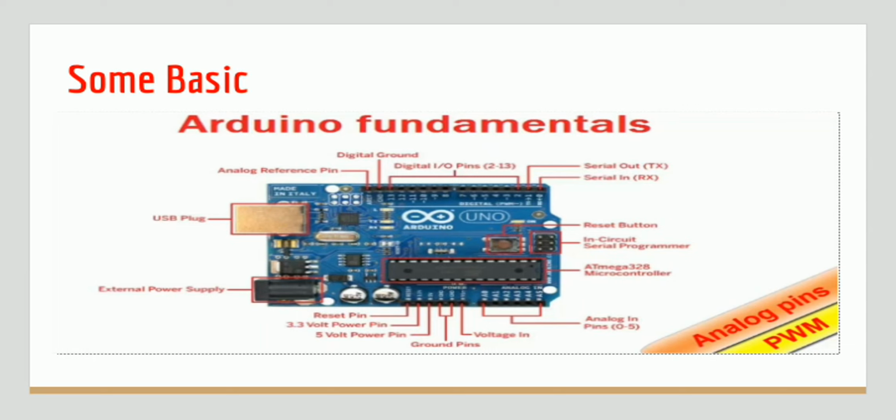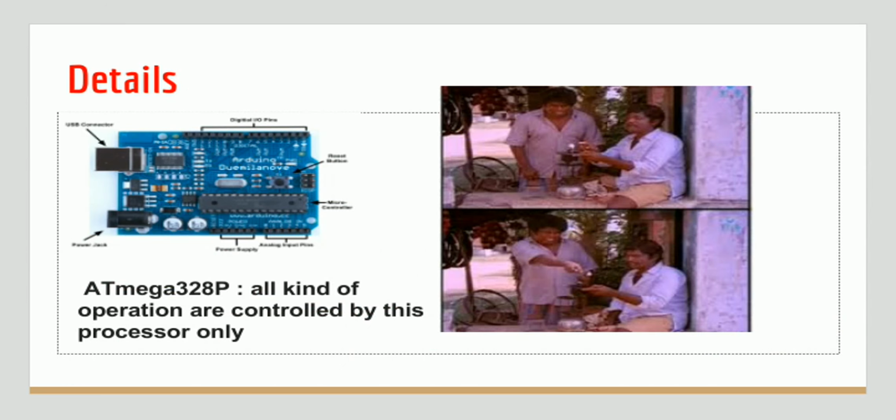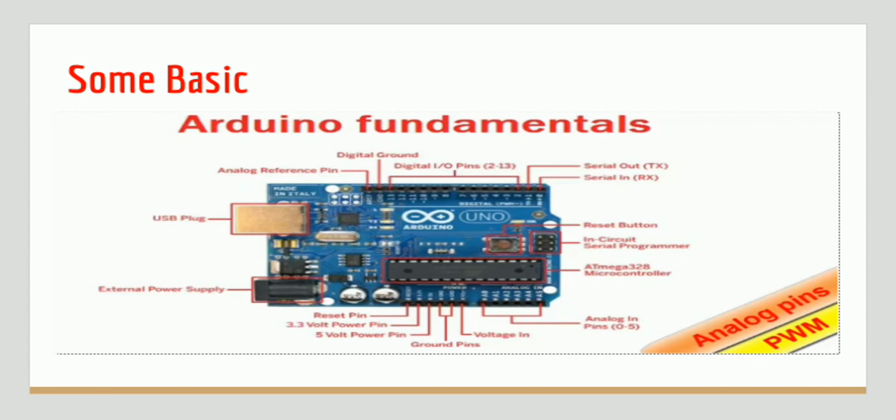Like we said, transistors and logic gates are present in processors only. The ATmega processor, right? All kinds of operations are done by this processor. This processor contains logic gates or transistors, whatever you need. But in this entire board, there are many components present.